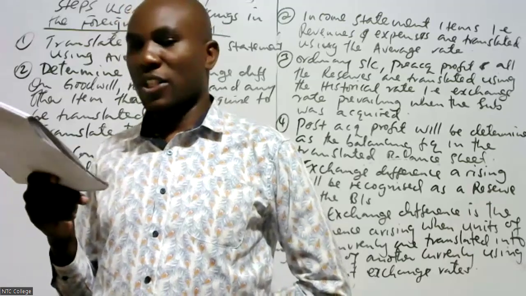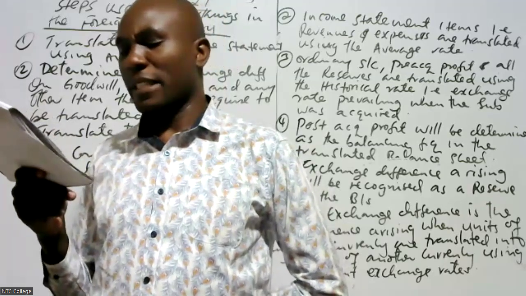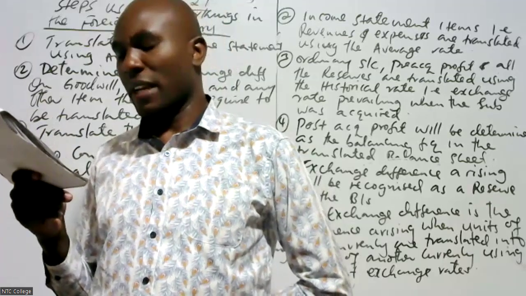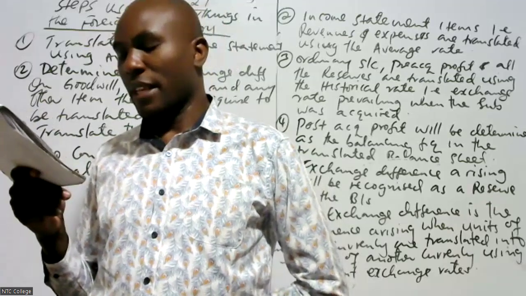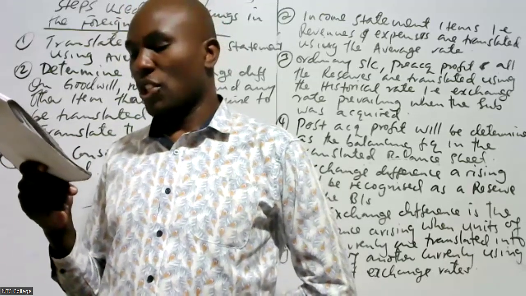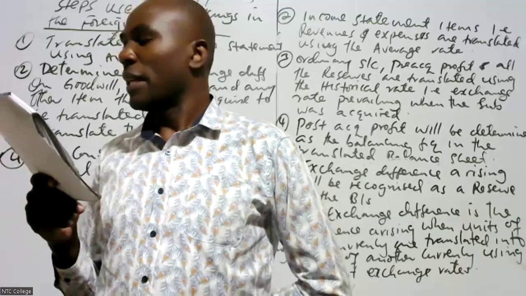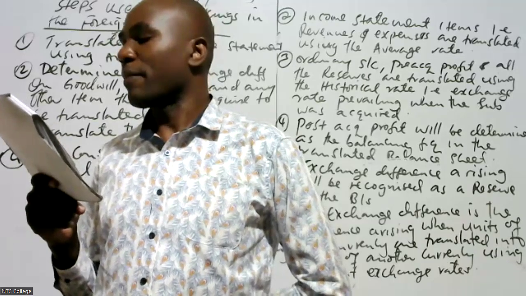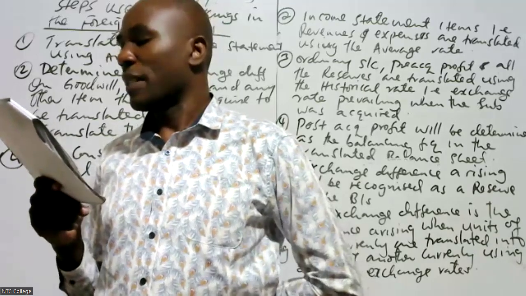The statement of financial position has property, plant and equipment, investment in S, current assets, inventory, trade receivables, cash and cash equivalents. Then we have total equity: ordinary share capital, share premium, retained earnings. We have non-current liabilities, 10% bond, deferred tax. Current liabilities, we have trade payables, then current tax.